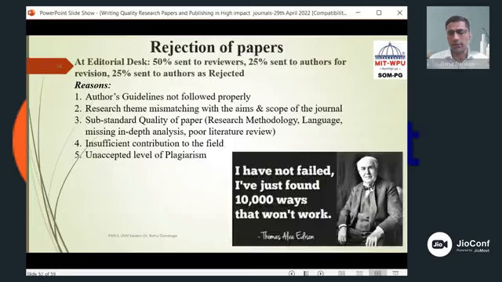Rejection of a paper may not be the end of our research journey, as rightly quoted by Thomas Alva Edison: if I have failed, it is not that I have failed, but I have found a thousand new ways of understanding what won't work, or how I can improve. So this is an opportunity. We should look at this as an opportunity to improve ourselves and improve our manuscript.